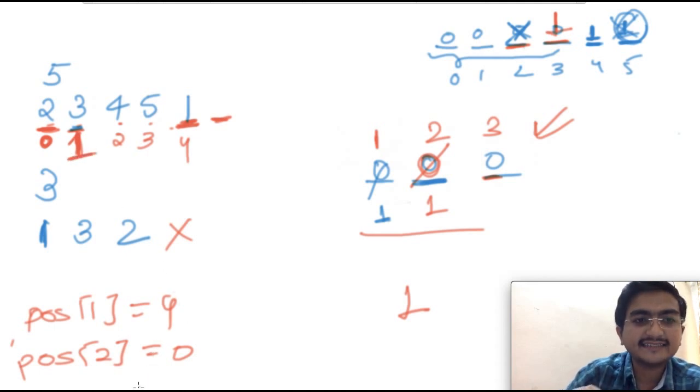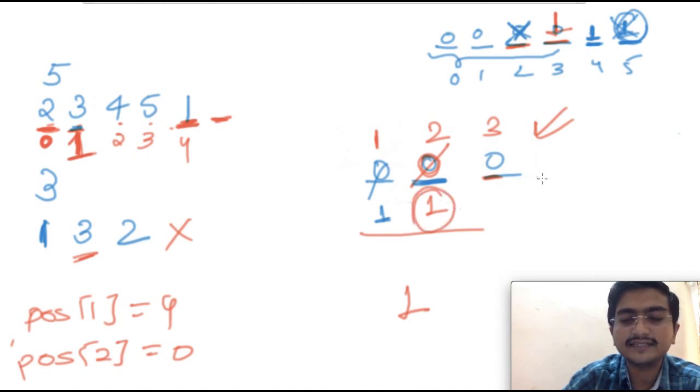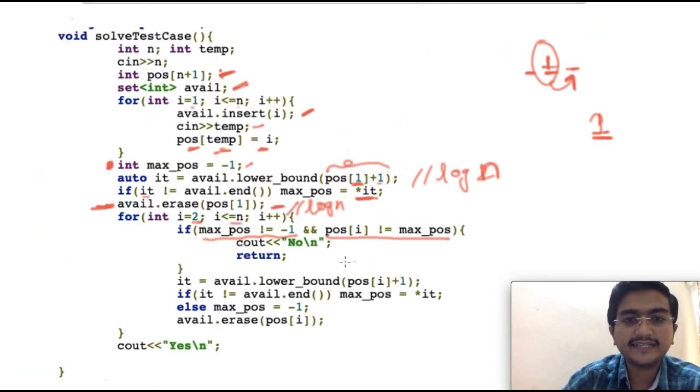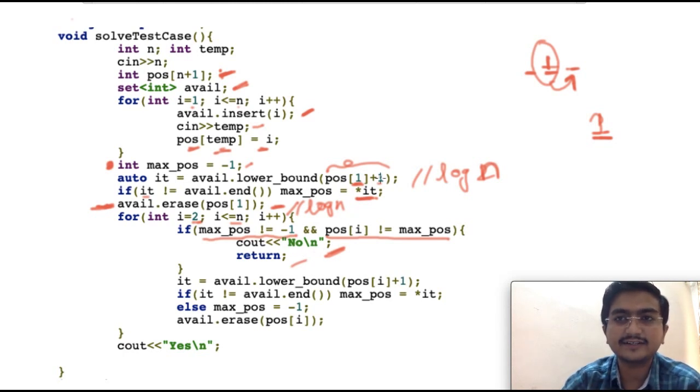In this case 132, the maximum probability was at 1 but 3 was filled at position number 2. The position of 3 was 2, so 1 is not equal to 2, and this is an invalid case. For an invalid case, just output no and return, because even if one number is present at a wrong place, it is the wrong case.